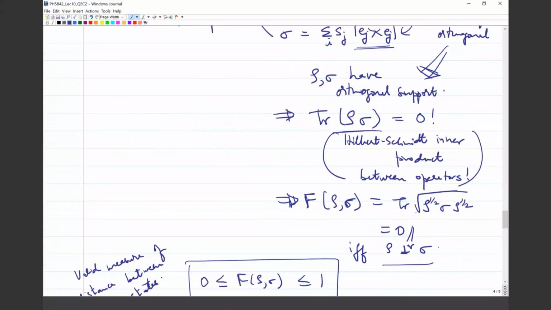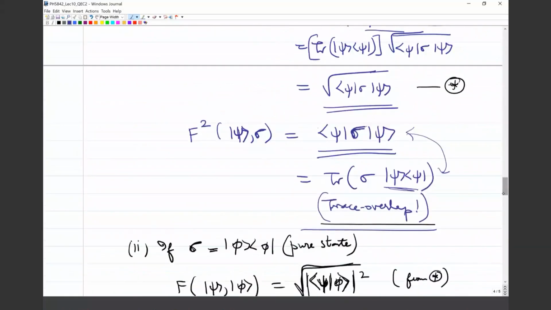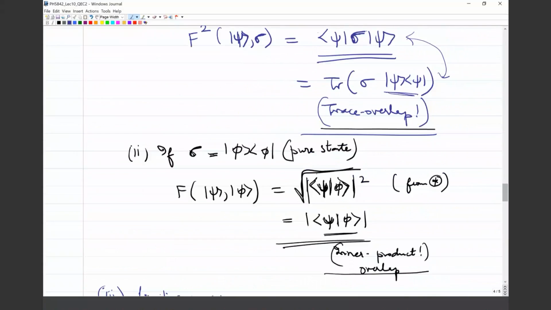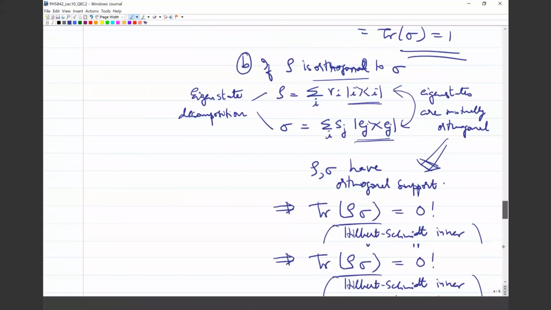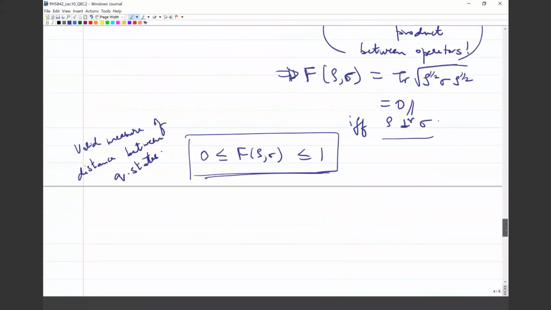The square root makes sure that your limiting cases are recovered. In particular, when the two are pure states, the overlap function itself becomes the fidelity function. So fidelity 0 means these two states are mutually orthogonal, they don't have common support. Fidelity 1 means that they are exactly the same state.